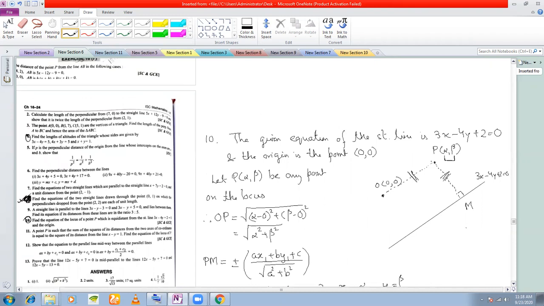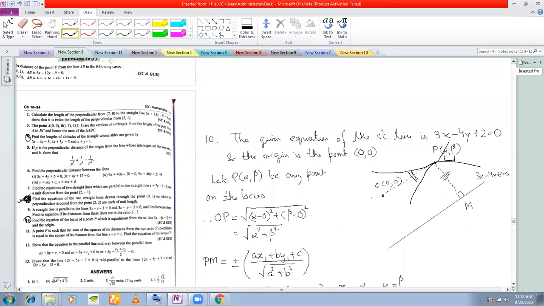Understood? So P can move, say, something like this. P is actually a parabola. It will move in this manner, or in this manner.